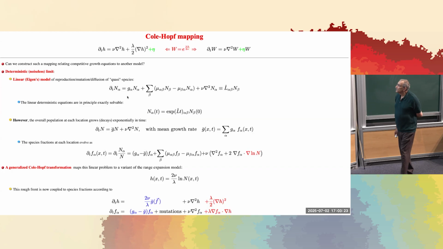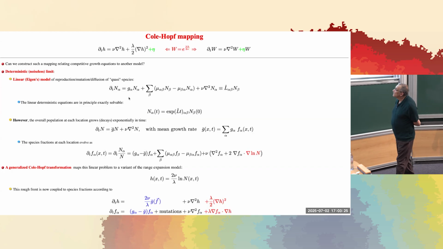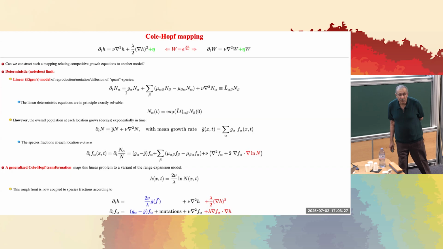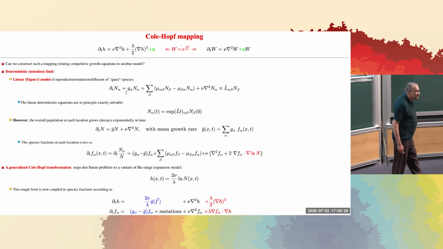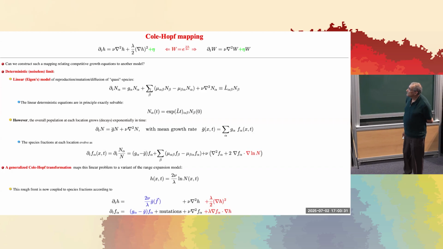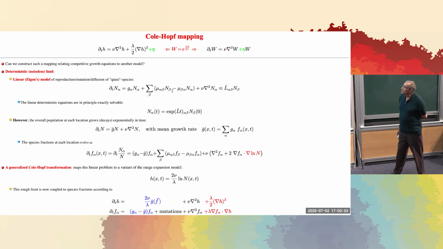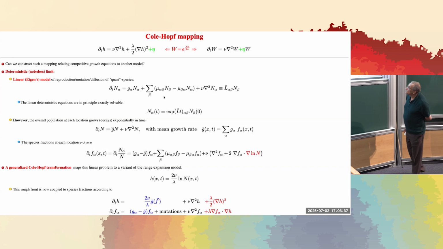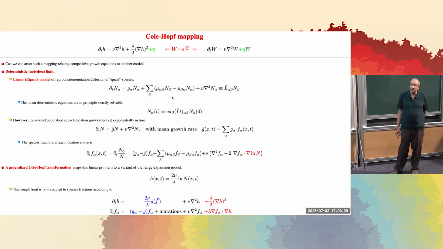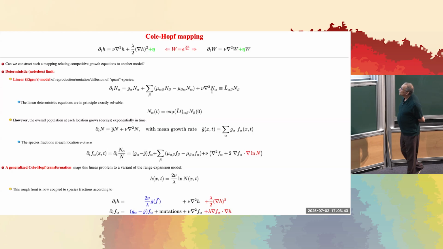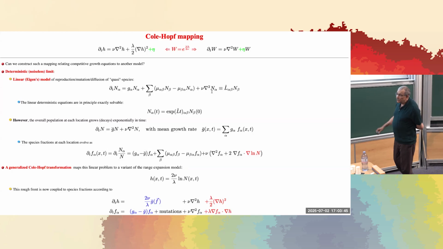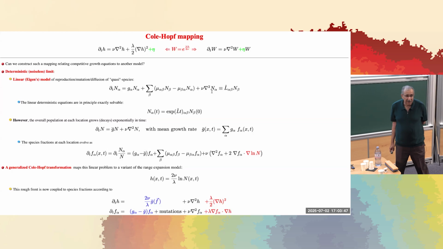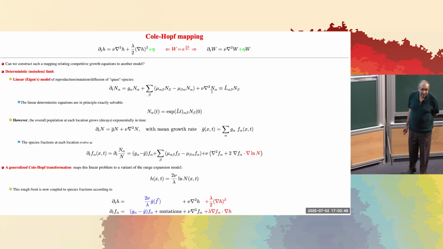Each one of them grows exponentially with some growth rate G alpha. Now we allow these species to mutate between themselves, so that at some rate the species alpha can become species beta and vice versa. And we also allow these species to distribute themselves in space through diffusion. Okay?